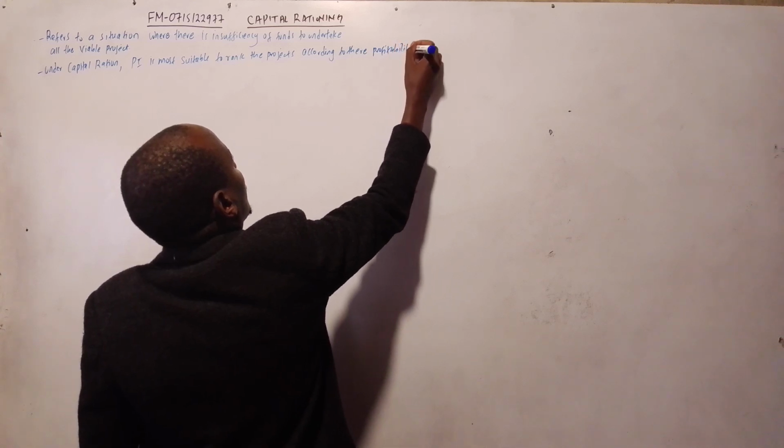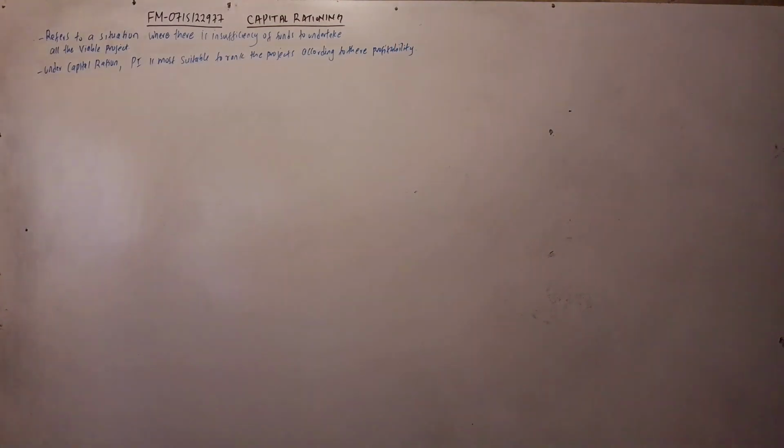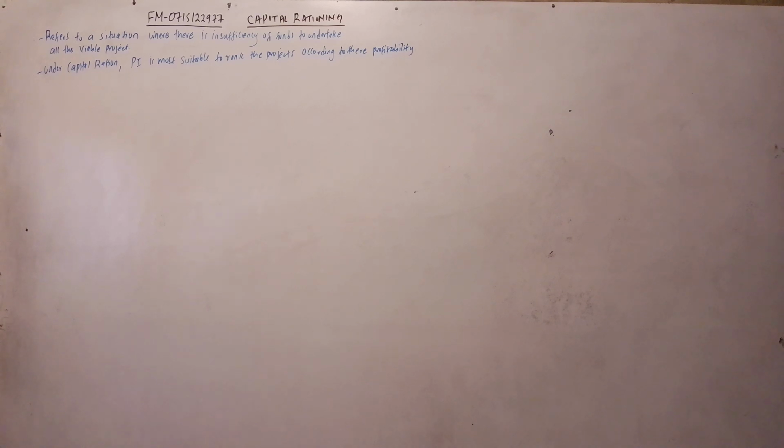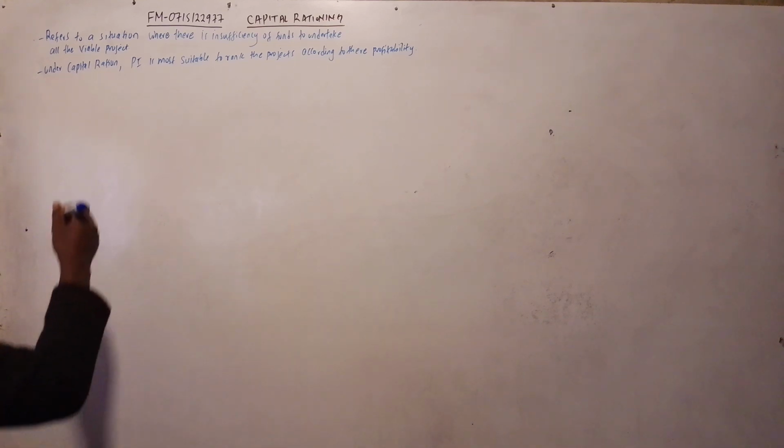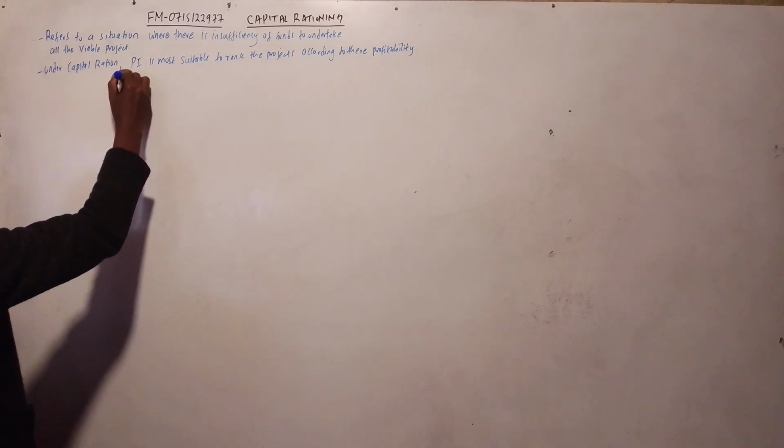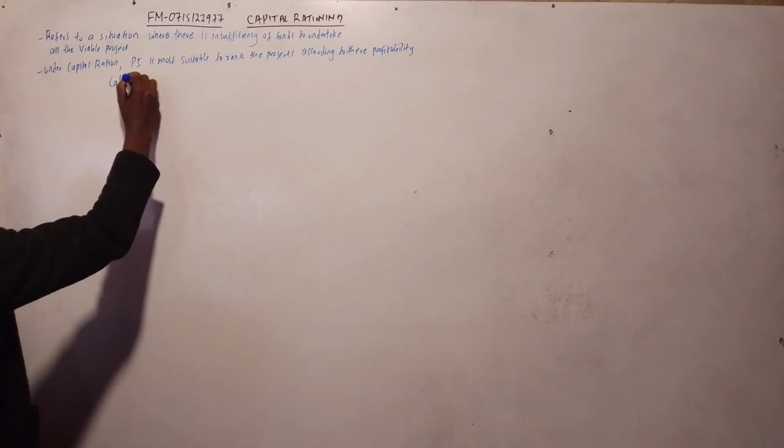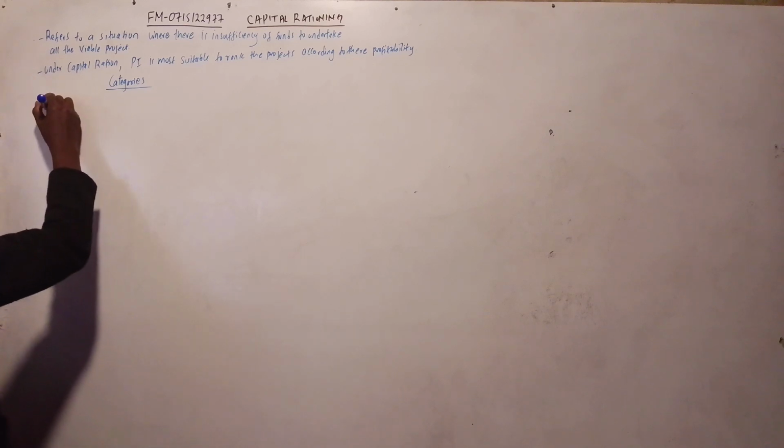So in that case, PI is most applicable. When we are talking about capital rationing, then PI is most applicable. Let's talk about categories.